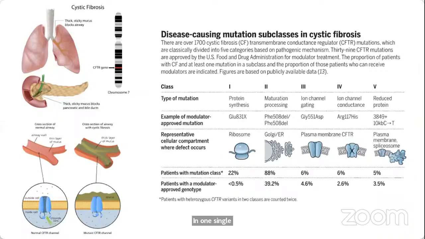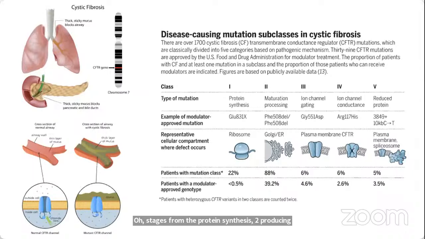So this mutation can result in either no CFTR protein being produced, or some of the proteins that are produced may be malformed, and they cannot perform their key functionality in the cell. Depending upon the variety of different variants, there are 5 classes of these CFTR mutations, and they can occur at different stages, from protein synthesis to producing insufficient protein.